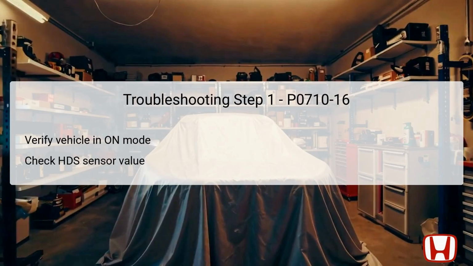If the value falls below this threshold, it confirms that the failure is indeed duplicated, signaling a fault in the sensor circuit. This step is crucial because it initially confirms whether the sensor is operational or if it requires further inspection or replacement. Proper execution of this step sets the foundation for subsequent troubleshooting actions.